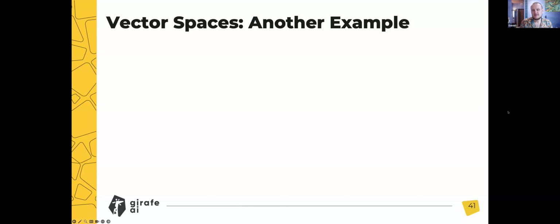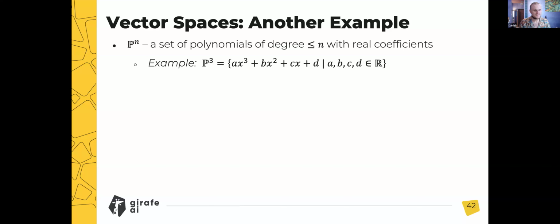We said that we do not necessarily have to think about vector spaces in terms of arrows. For example, take polynomials of degree less than n, or in this case of degree 3, so x to the third is the biggest power we have.